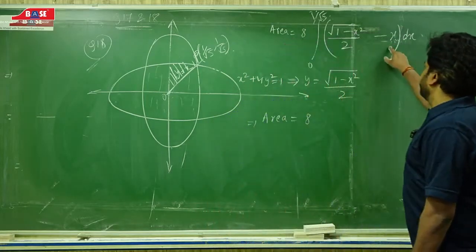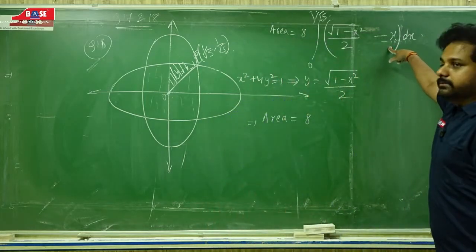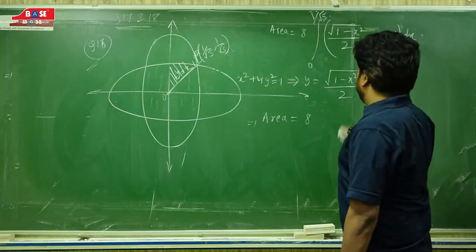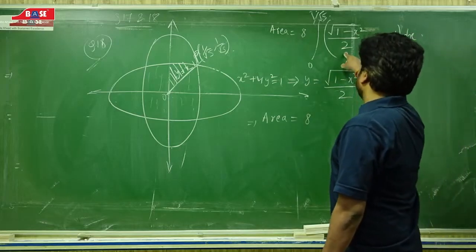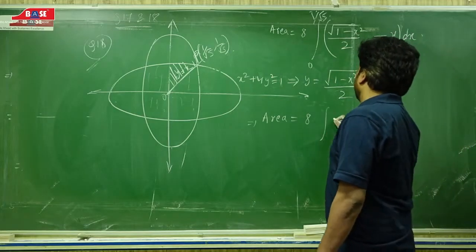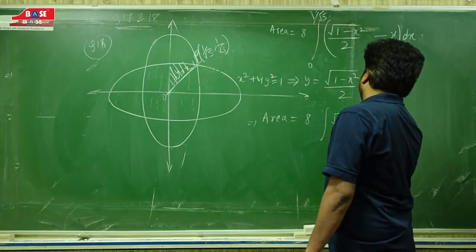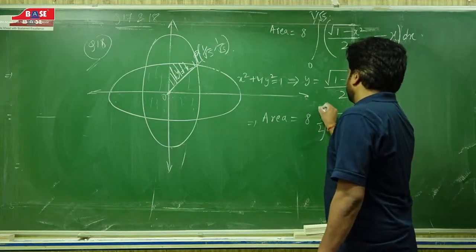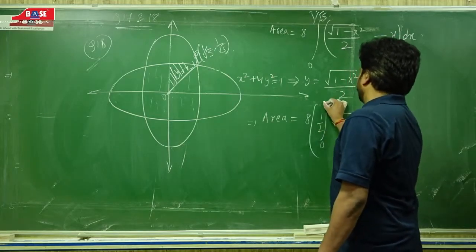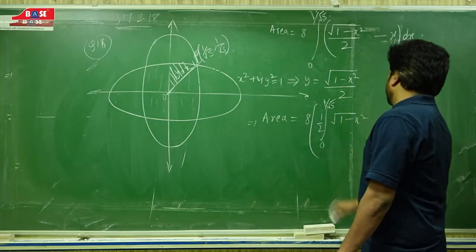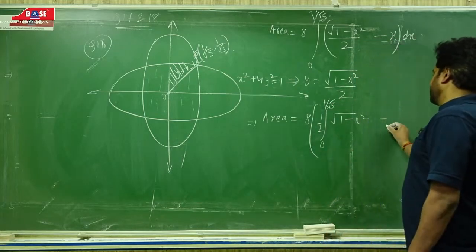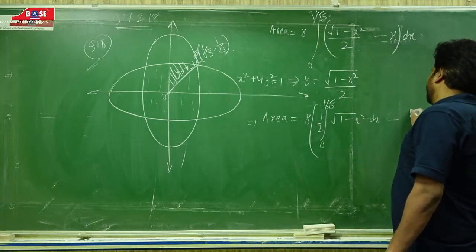If you observe, we know the integration of x. x will become x square by 2. And this 2 we can take out common, or you can keep it like that only. 1 minus x square, I will write 1 by 2, from 0 to 1 by root 5, dx, minus integration.